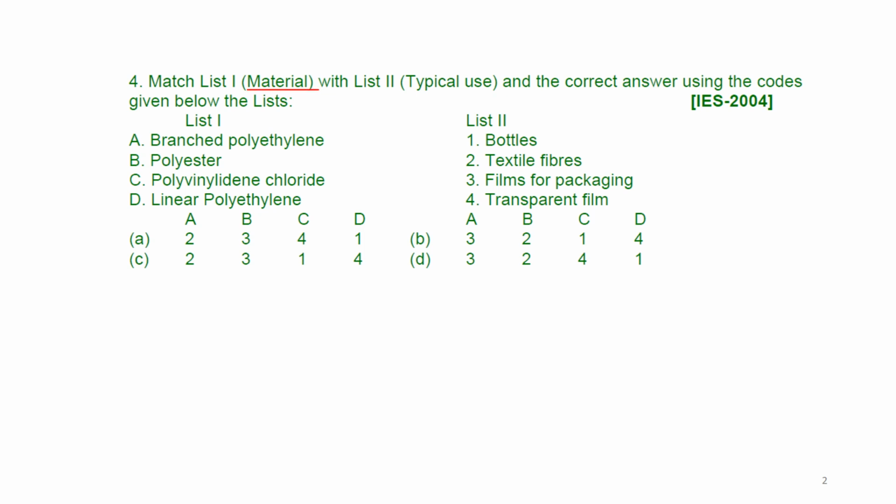Match the list of materials and typical use. Branched polyethylene, polyester, polyvinylidene chloride, linear polyethylene; bottles, textile fibers, film for packaging, transparent film.